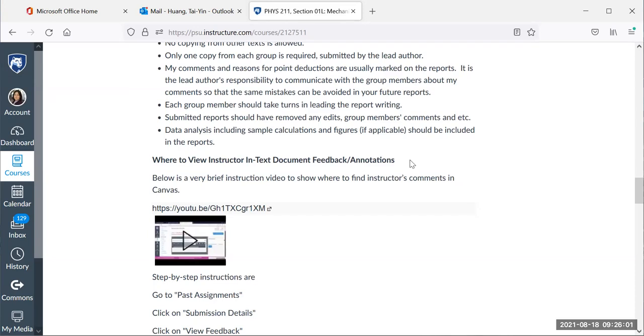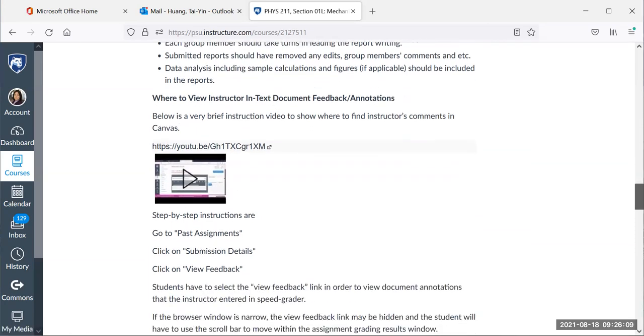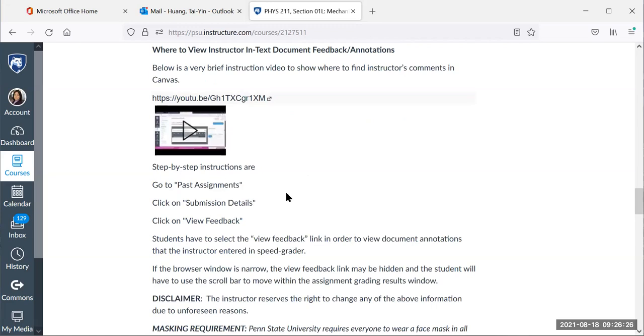So once you submit your report, I'll grade it in the system and I will leave my comments. To see my comments and to see where and why I deducted your points, you would go through these steps. You go to the past assignments, click on the submission details and view the feedback, and that will bring up my feedback.